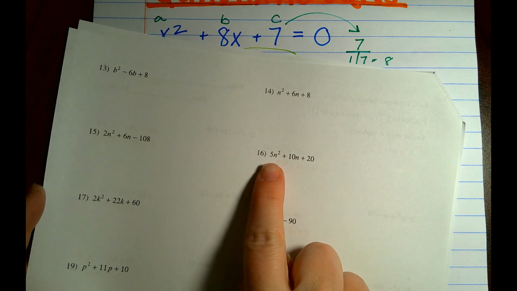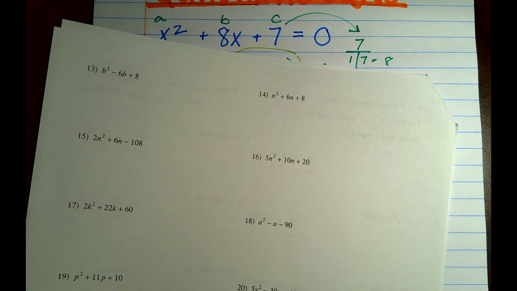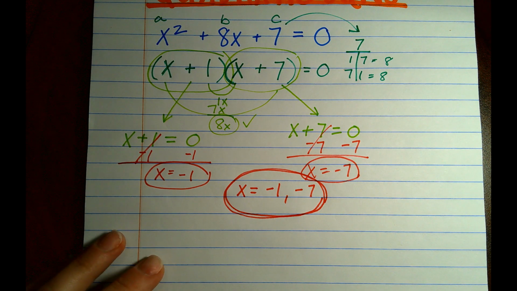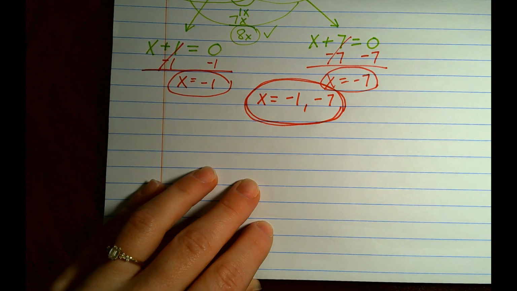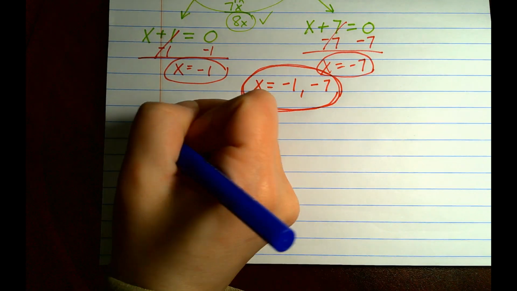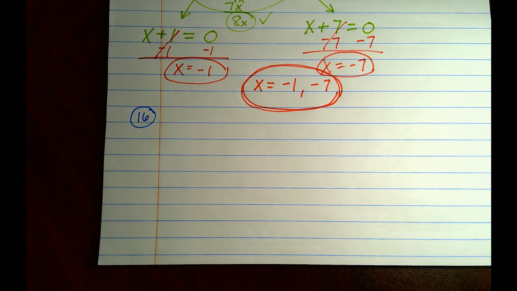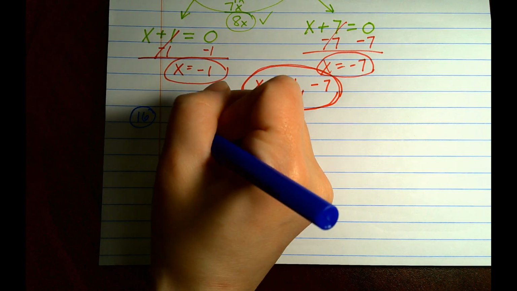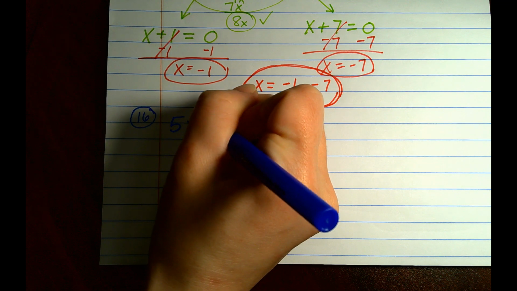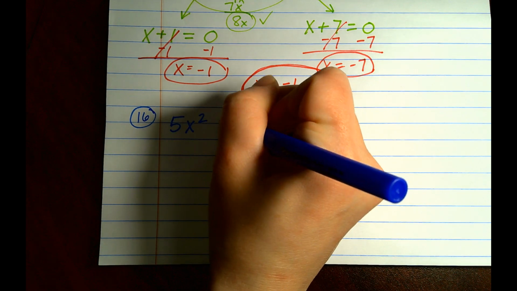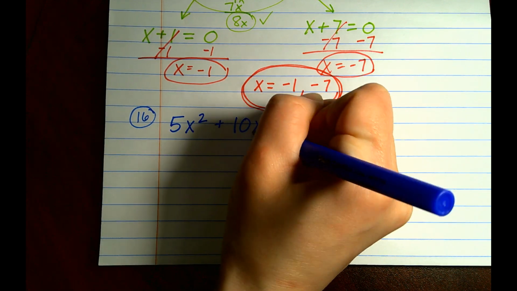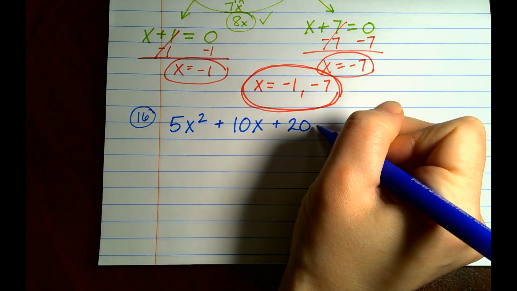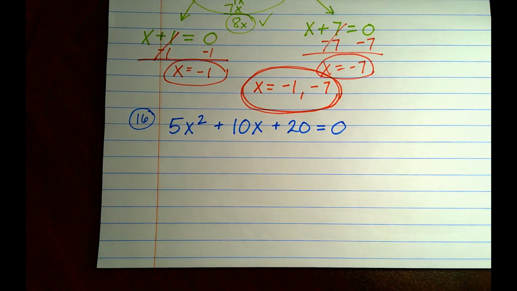Number 16 right here, 5n squared plus 10n plus 20. I'm going to rewrite the problem with x though instead. So number 16 on the worksheet. So I'm writing 5x squared plus 10x plus 20 equals 0.